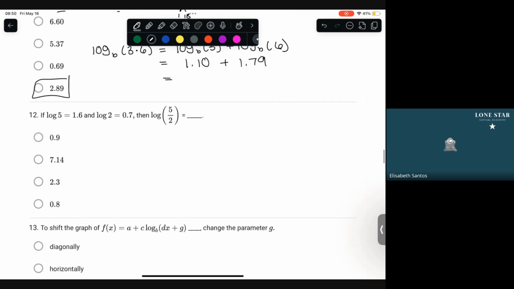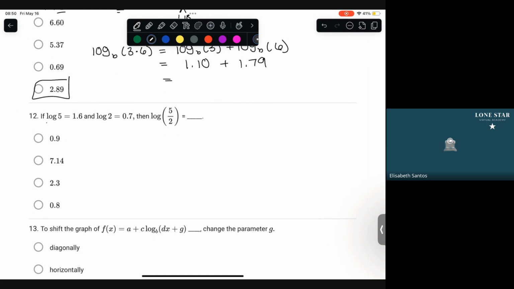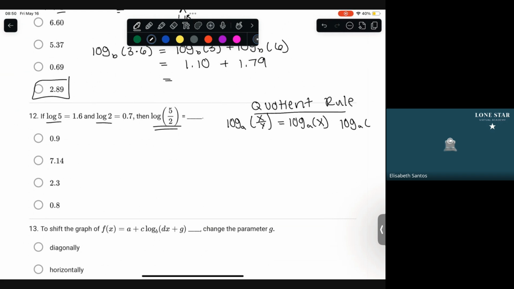Okay, so let's look at number 12. It's similar. They give us givens, but we're looking for this. For this one, you need to know the quotient rule. The quotient rule states that if you have a log with some base and you're dividing inside, you can split them up so each has its own log of the same base. The number in the numerator goes first, then the denominator, and you subtract.